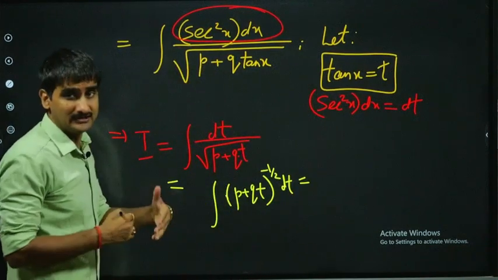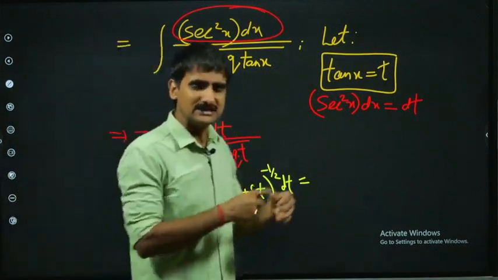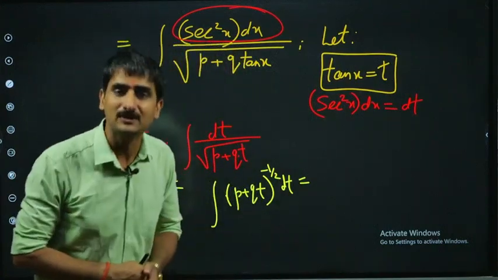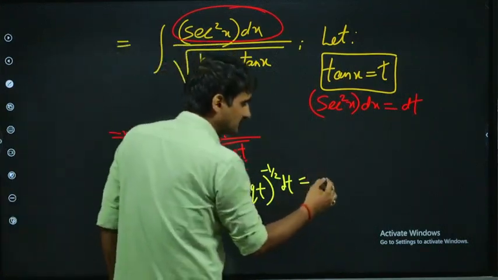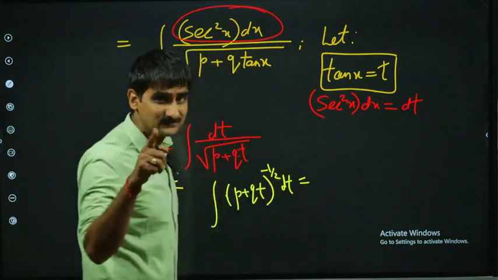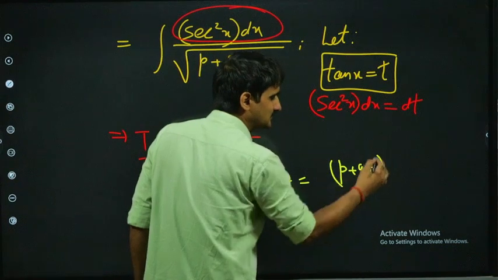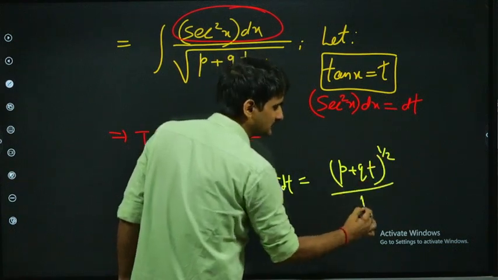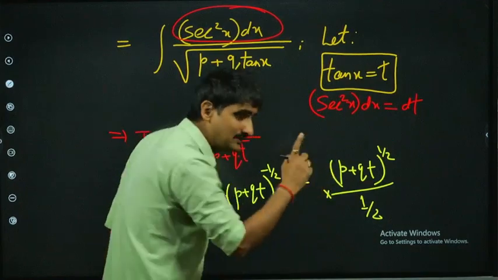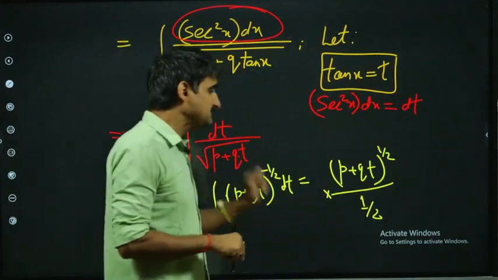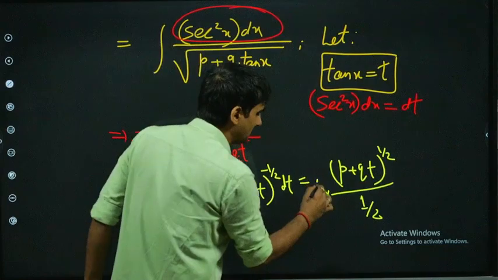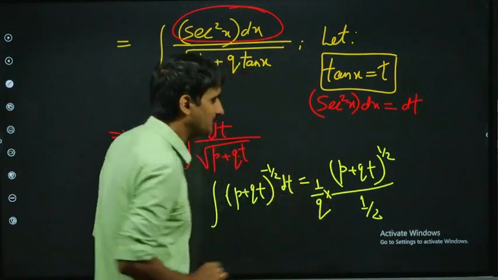The integral of t raised to the power n is t raised to the power n plus 1 upon n plus 1. So you will get minus half plus 1, which is half, so you will get (p plus qt) raised to the power half upon n plus 1, which is half. And since the variable of integration, which is t, is multiplied by a constant, it will appear as a product in the denominator also.